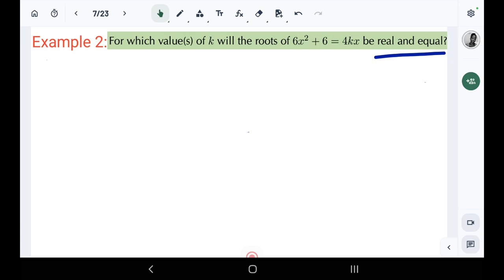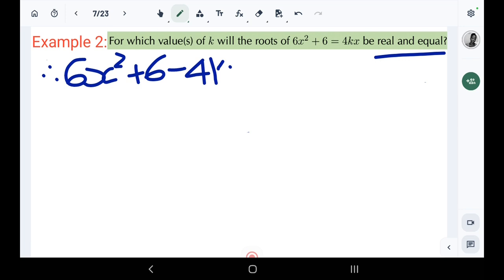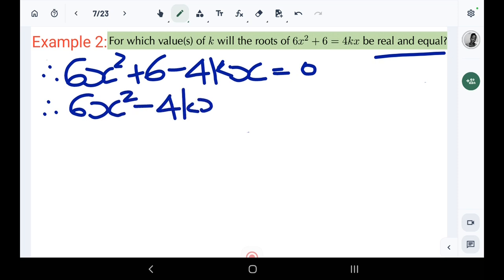Now, before we do that, let's figure out if this equation is in standard format. No, it's not, so we need to make sure that it is in standard format so we can determine what our a, b, and c are. Therefore, 6x squared plus 6 minus 4kx, take everything to the left-hand side, equals 0.